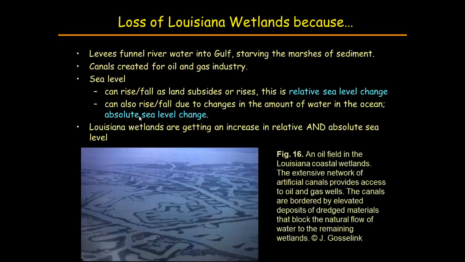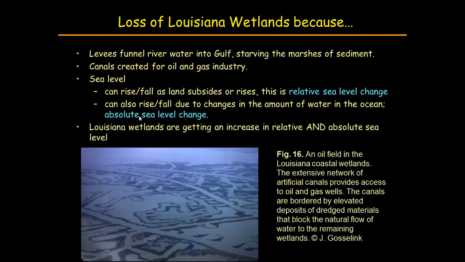So when you don't let your rivers naturally flood into the wetlands, then your marshes become starved of sediment, and as a consequence, their position at sea level cannot stay constant. It winds up going down because of the compression of those sediments. If instead you were having a continued supply of sediments with every flood, then even though the sediments are compressing down, you get new stuff layered on top, and that keeps you in place.